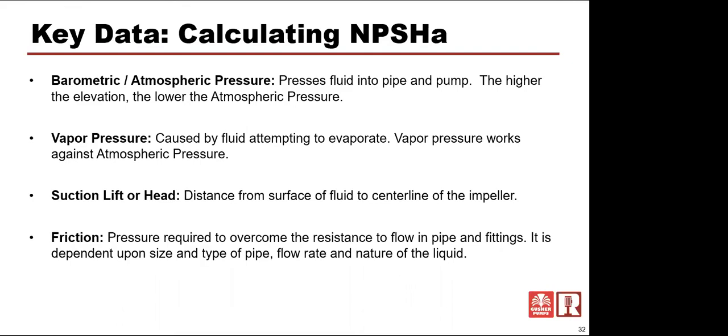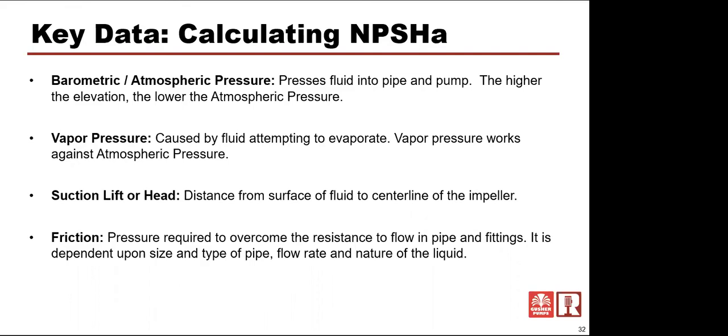On water, we know that water vapor pressure equalizes with atmospheric pressure, generally at sea level at 212 degrees, because that's when water turns to steam and boils off. So vapor pressure, we know, is 32 or 33 feet, which is what typical atmospheric pressure is at sea level.